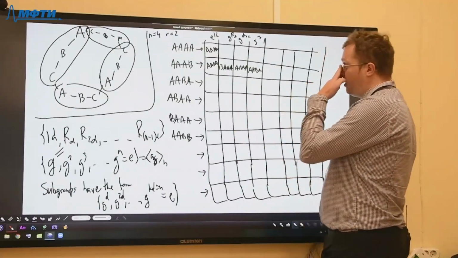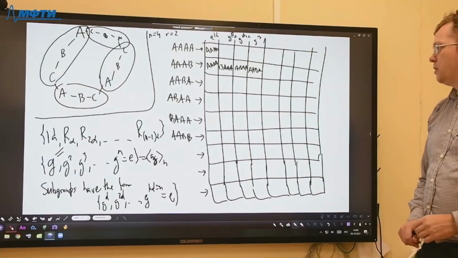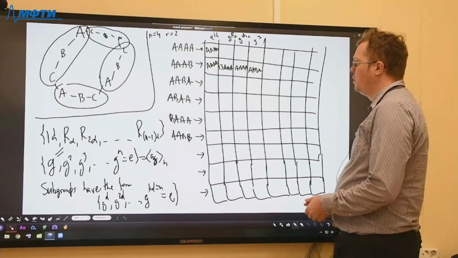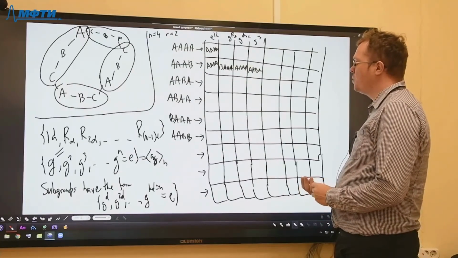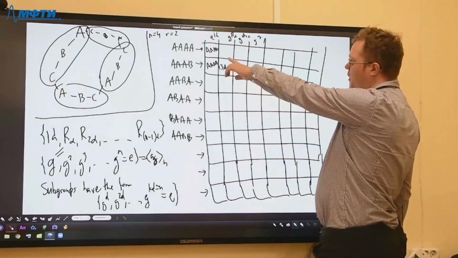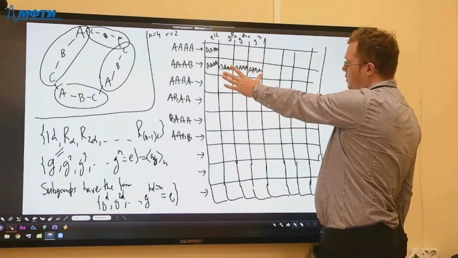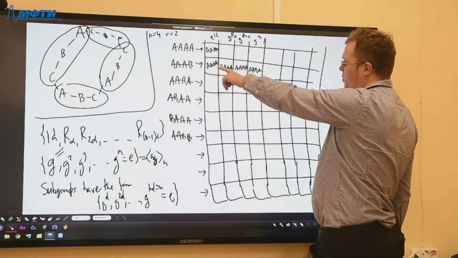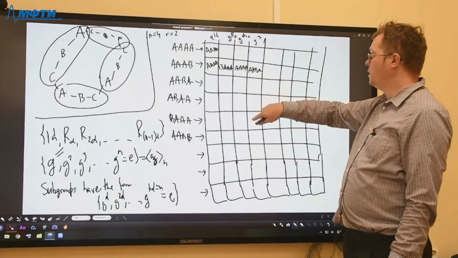If I want to count the different circular words or necklaces, I just want to look at how many of these rows are the same.